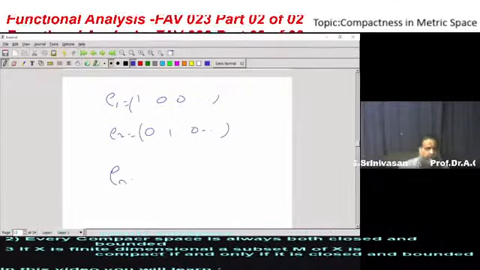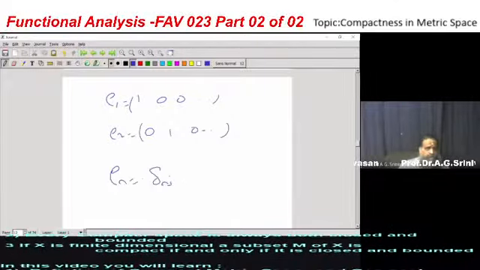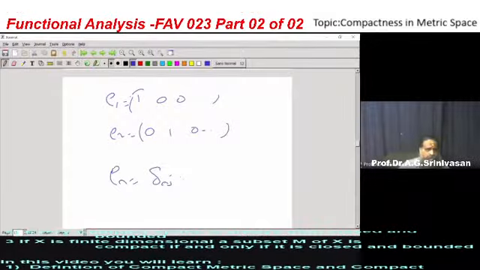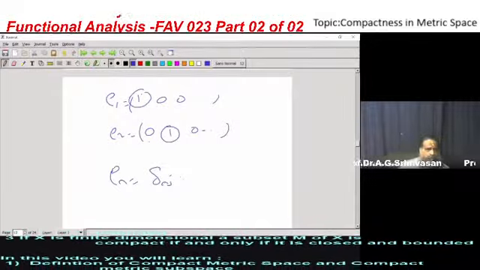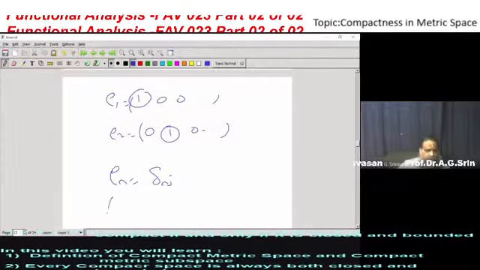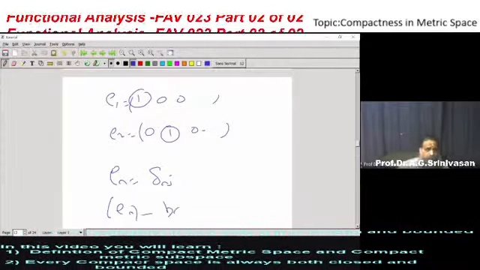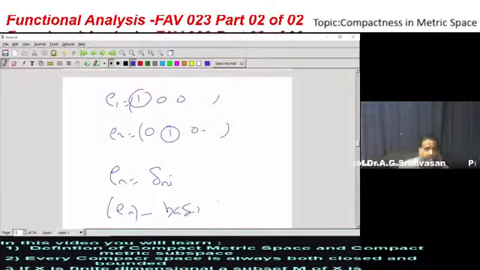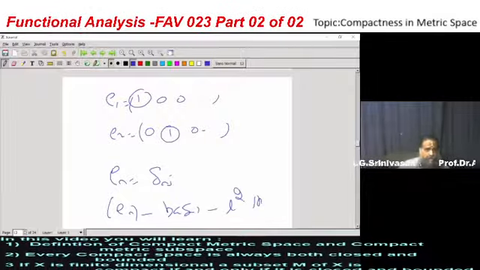So what is e_n? It's δ_nj, so the nth term is going to be 1 and the rest are 0. So this e_n is a basis for L2 space.